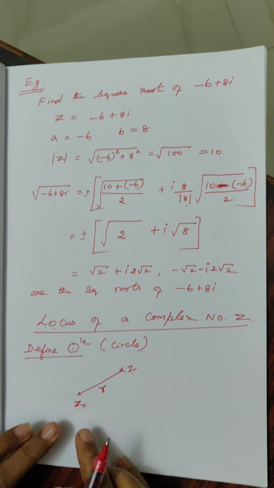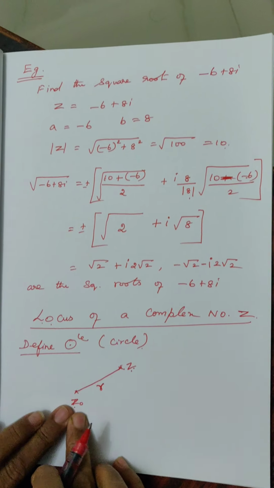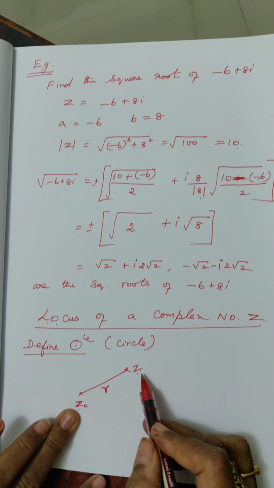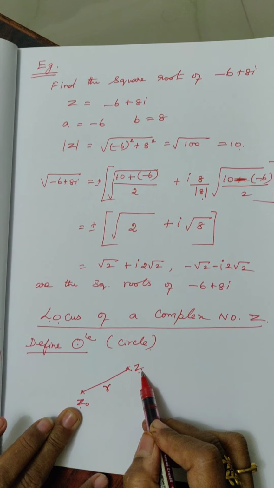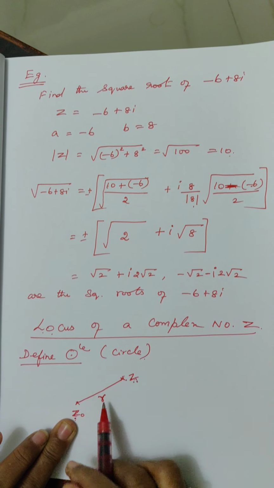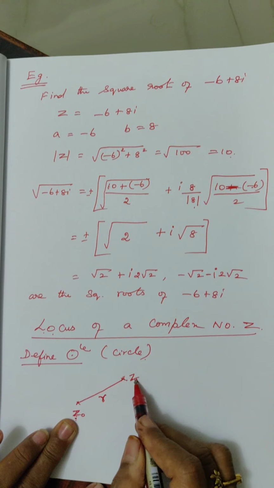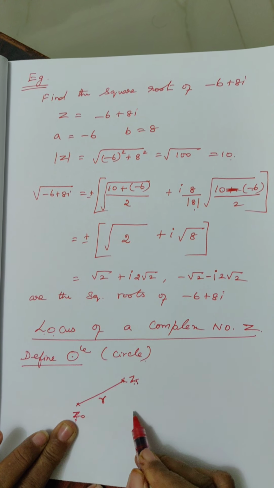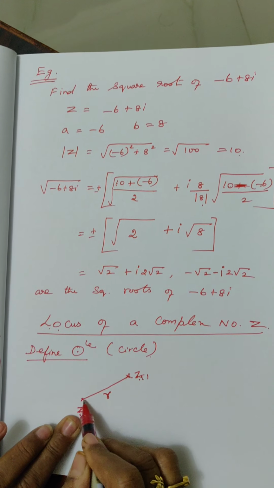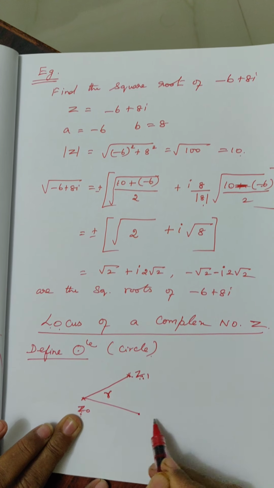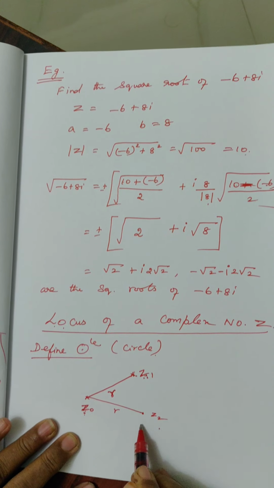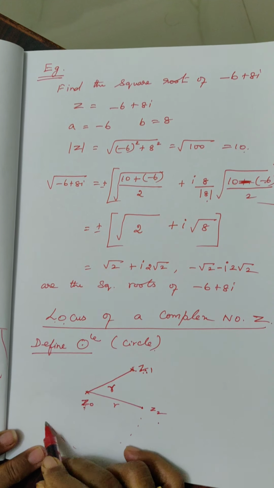How am I making it? One person is standing here and another person is standing here. I want to move this person in such a manner that the distance between these two points should be r. So how can I move? This z is here, let us take this position as z1, and another position z2.